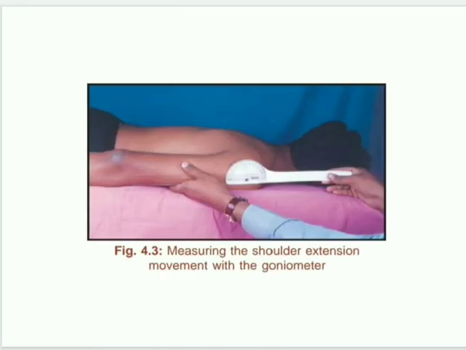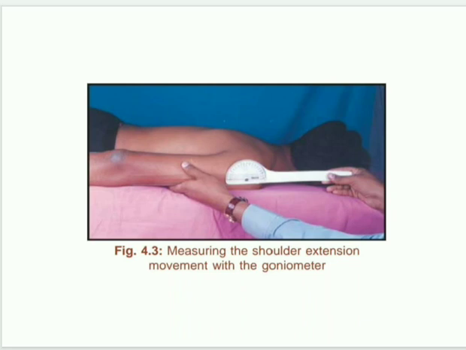Then coming to the shoulder extension, the range is from 0 to 60 degrees and the position is prone lying. The fulcrum is the same as for shoulder flexion, the acromion process of the shoulder.